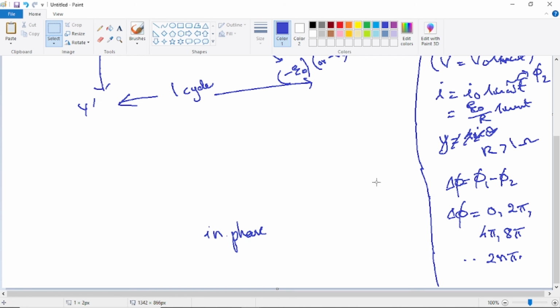Because the phase difference between current and voltage is 0, they are said to be in phase. Not just 0, even if it's 2 pi, 4 pi, 8 pi, or 2n pi, two quantities are said to be in phase. So here current and voltage in case of a resistor are said to be in phase, or we can say that their phases are the same, or that the phase difference is 0.